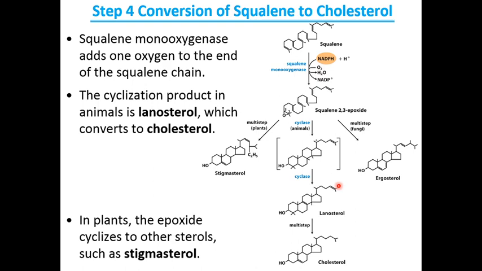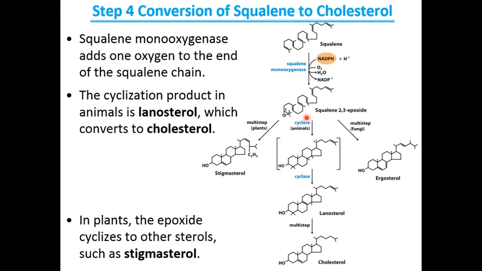As you can see, a carbocation intermediate is formed, so this concerted reaction goes through a carbocation intermediate. In plants, squalene 2,3 epoxide is converted to stigmasterol, and in fungi to ergosterol.